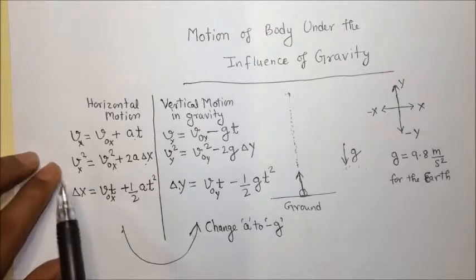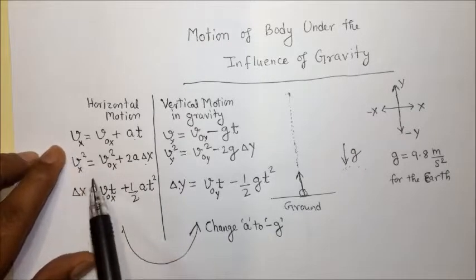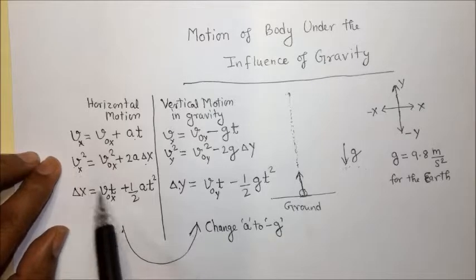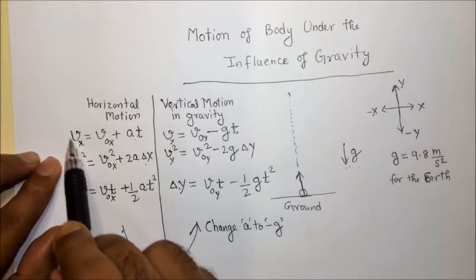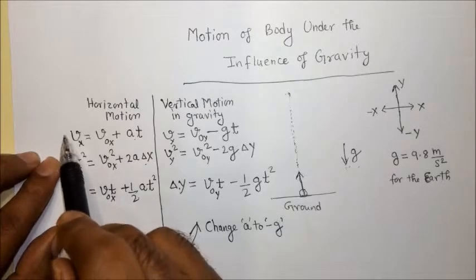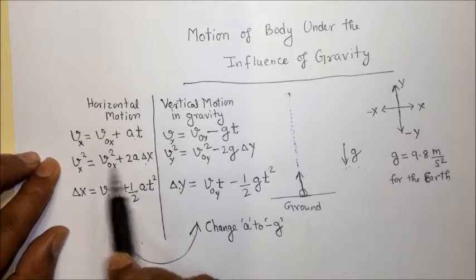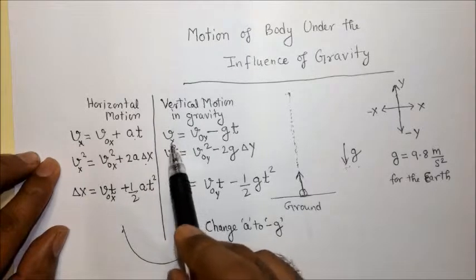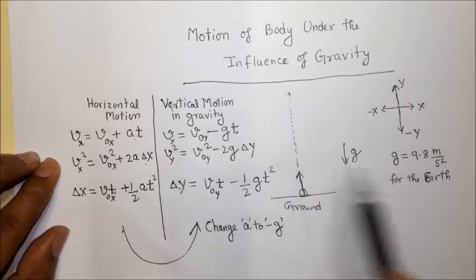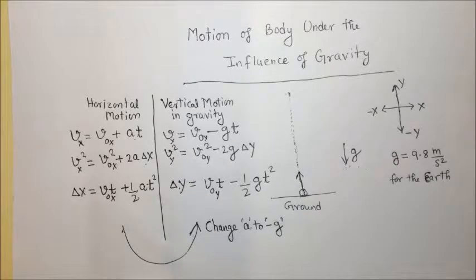I am just writing in advance so you become familiar that you can add a suffix here. This denotes that everything is happening along the x-axis, and this denotes that everything is happening along the y-axis. But even in this chapter, if you don't put the suffix, that's also fine.